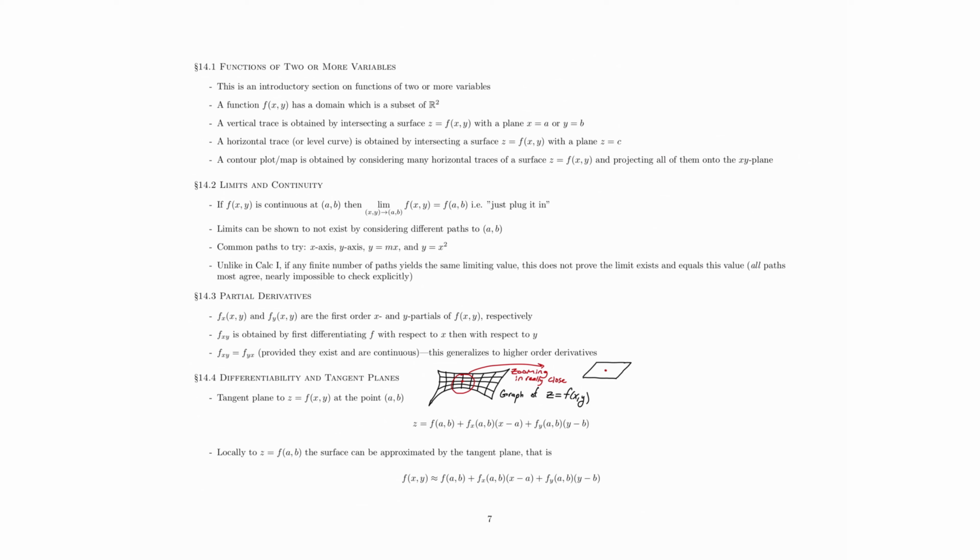Okay, let's call this point P. So the point P is this point (a, b). So at this point P, provided your surface is differentiable, which in this class we do work with, then if we zoom in, the surface becomes indistinguishable from its tangent plane.